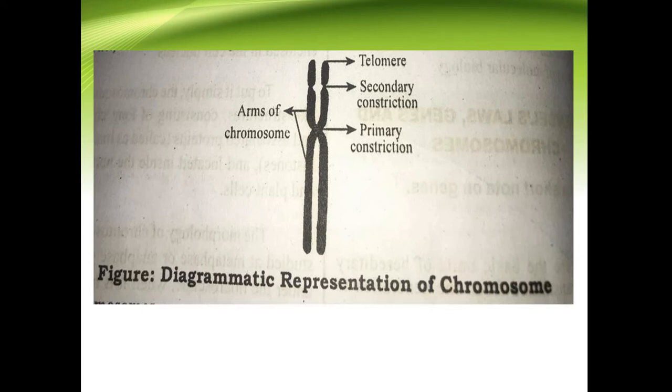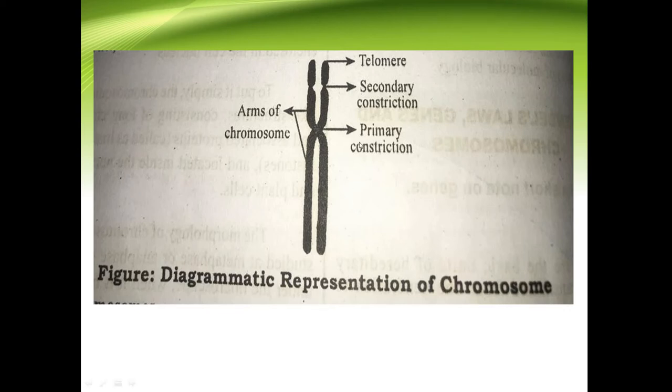The short arm of the chromosome we call the P arm. And the long arm, this long one, is the long arm of the chromosome, and we call it the Q arm. These are the two arms of the chromosome.